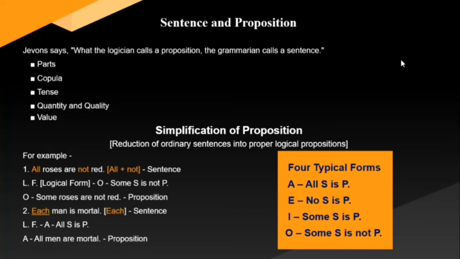Though every logical proposition is a grammatical sentence, every sentence is not a logical proposition. Let us try to understand the differences between a sentence and a proposition regarding parts, copula, tense, quantity and quality, and value.